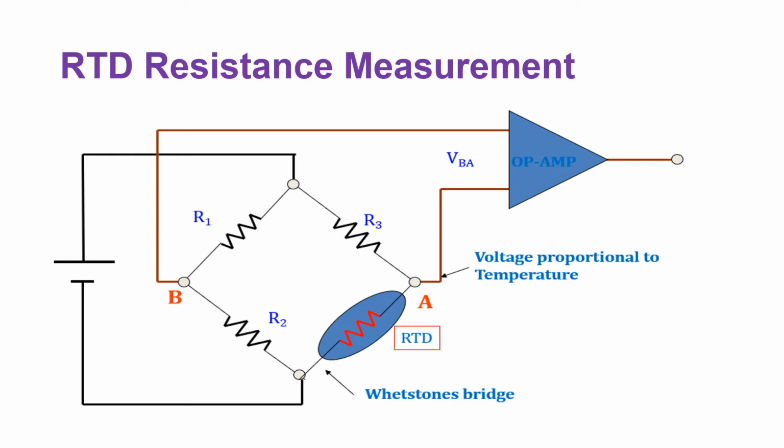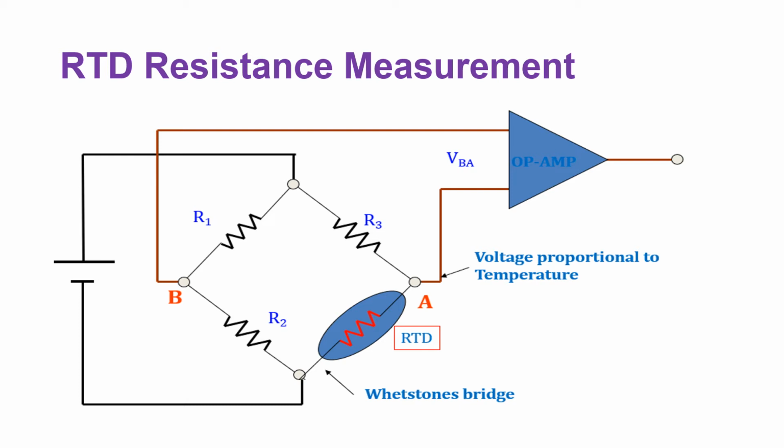Now what is balanced condition? If R1 upon R2 equals R3 upon the resistance of RTD, then your Wheatstone bridge will be in balanced condition. And when the Wheatstone bridge is in balanced condition, then the output voltage will be equal to 0. And how to calculate this output voltage?